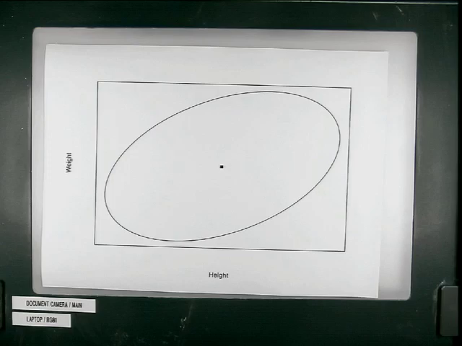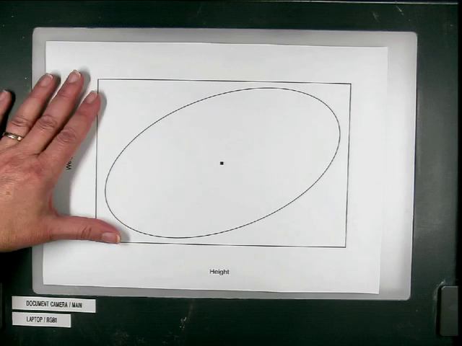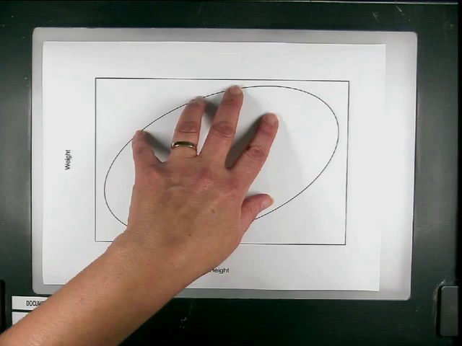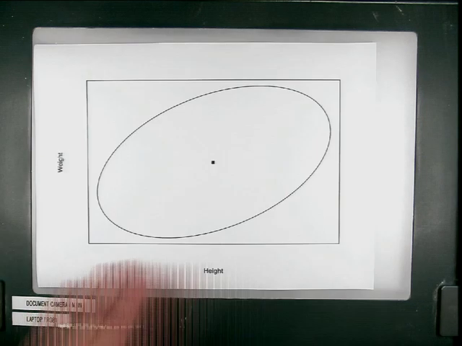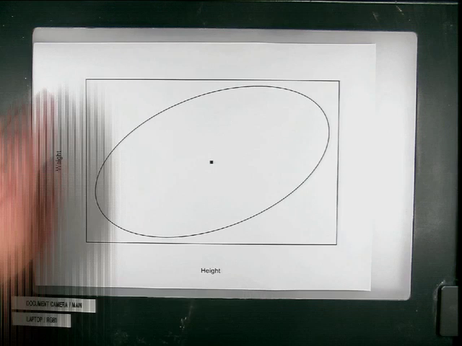So the first thing I want you to do is draw a line. So, well, back up for a second. This is kind of an idealized picture of where the ellipse is capturing most of the data points. I've taken off all of the scales on the x and the y axes, and I've just left the labels to say, okay, we've got height and we have weight.